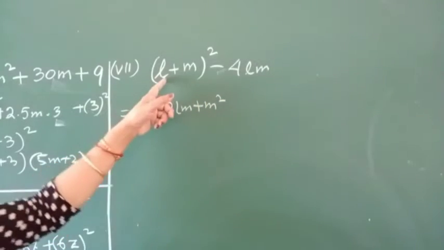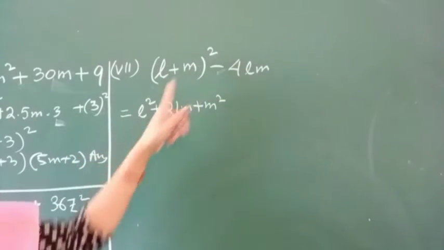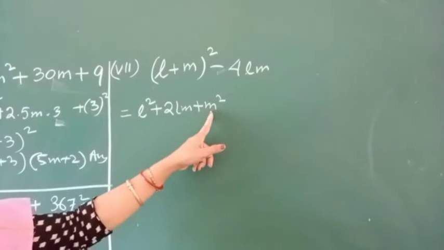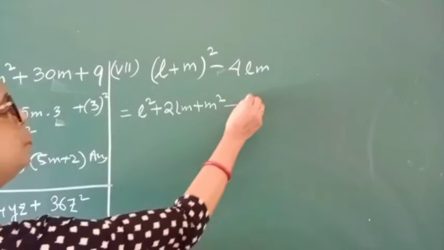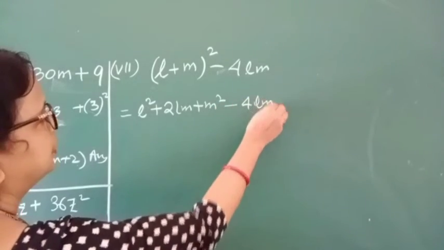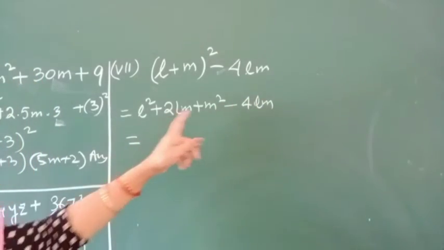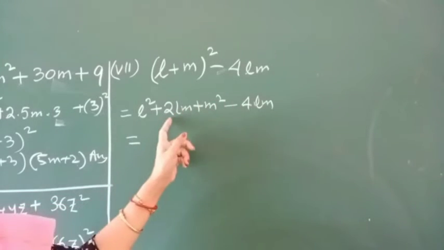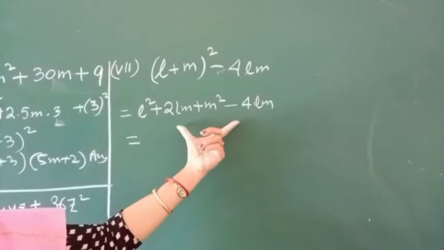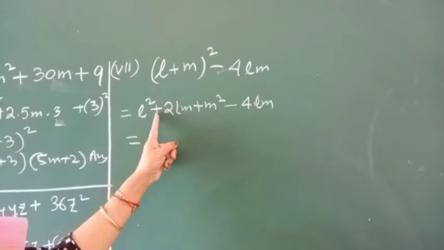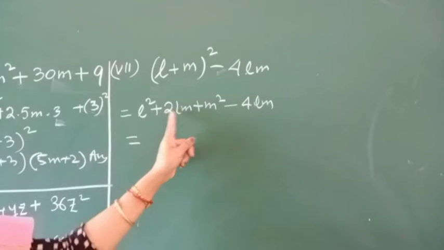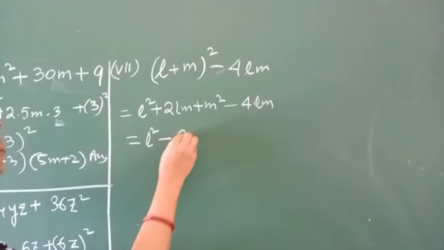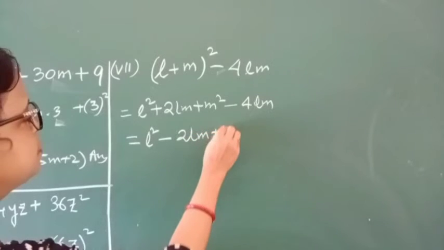See, L plus m whole square, L square plus 2 into L into m plus m square, then minus 4lm as it is. Now you can see that these two are like terms, so we can do addition or subtraction, these two mathematical operations. Because one is positive and another one is negative, so different sign we need to subtract. L square minus 2lm plus m square.